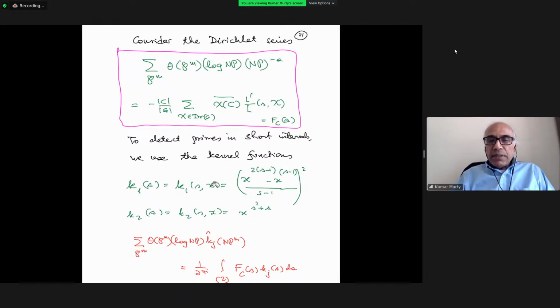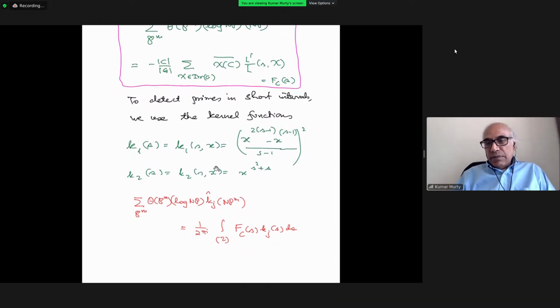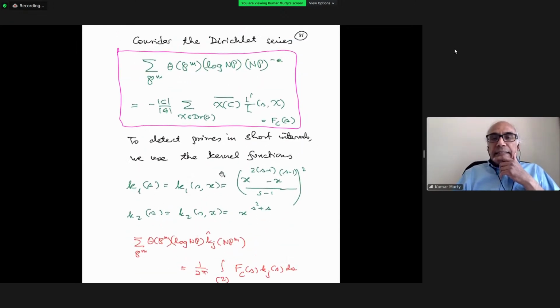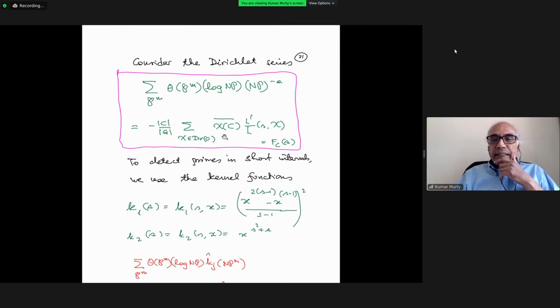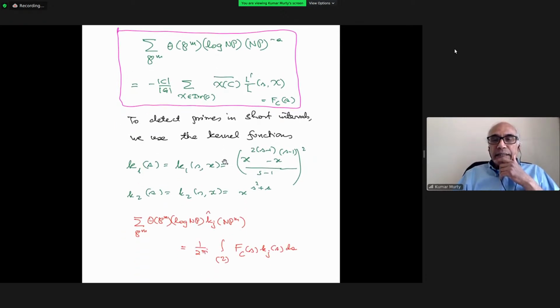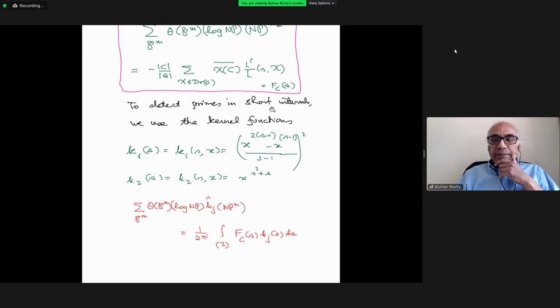So for detecting the presence, as we know already from the proof of Linnik's theorem itself, it's good to use a kernel function. So these are various kernel functions that have been used. We're just using these things that exist in the literature. So instead of just taking a straight integral of this function F_C of s, if you weight it with these kernel functions K_j, then you will get what we got here.